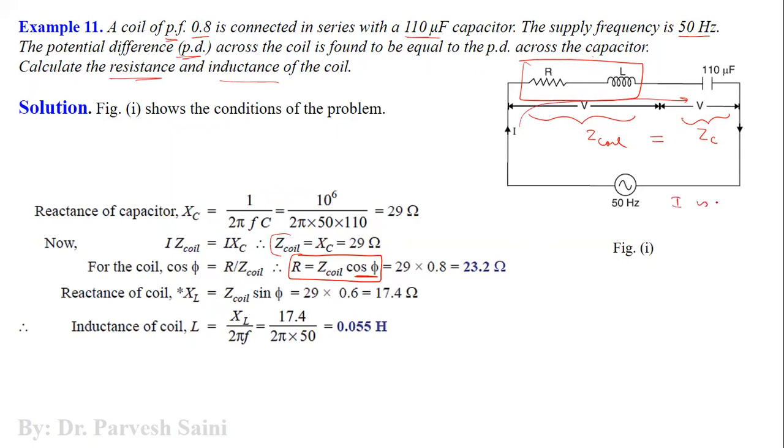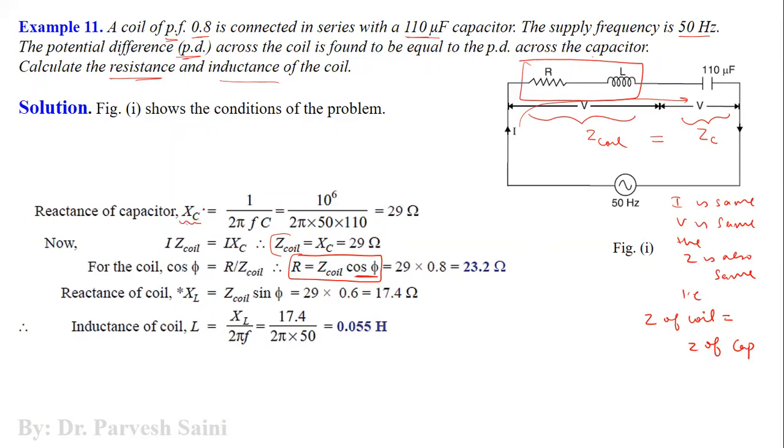If I is same, V is same, then Z is also same. That is Z of coil, Z is impedance, is equal to Z of capacitor, right? So we need to calculate the Z, right?